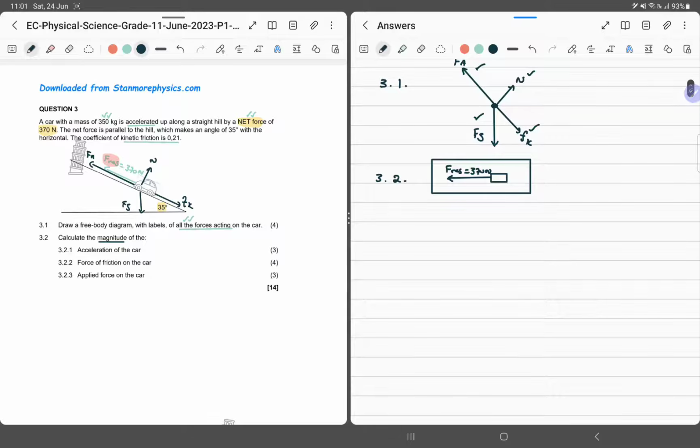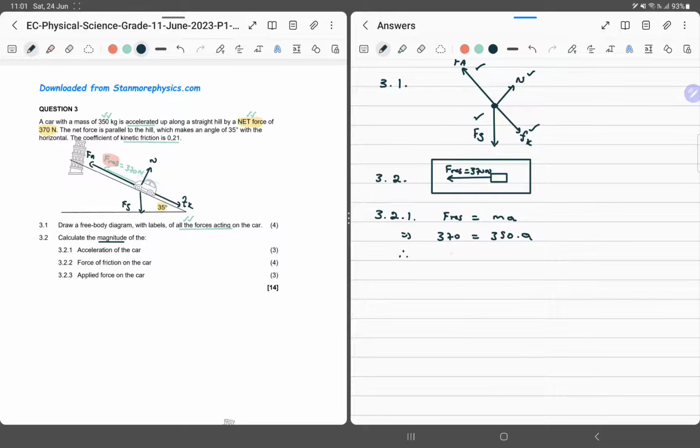So Newton's second law will tell us that we've got our resultant force giving us ma. This implies that 370 newtons is equal to the mass of this object, which was 350, times a.